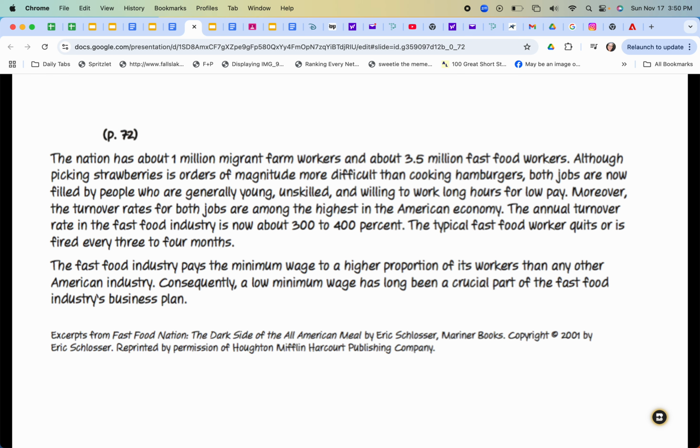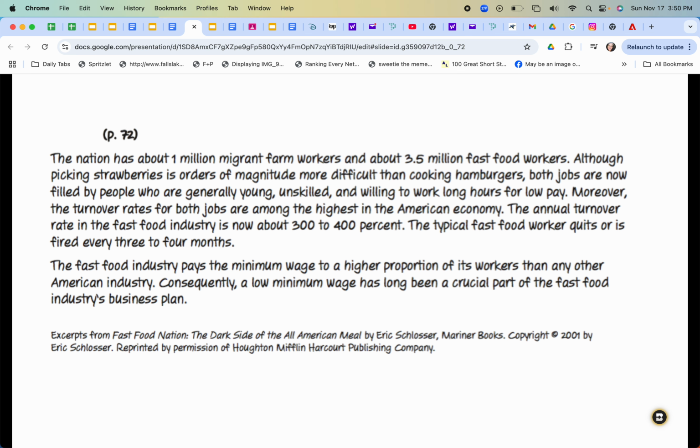The annual turnover rate in the fast food industry is now 300 to 400%. And this is what that means. The typical fast food worker quits or is fired every 3 to 4 months. The fast food industry pays the minimum wage to a higher portion of its workers than any other American industry. Consequently, a low minimum wage has long been a crucial part of the fast food industry's business plan.